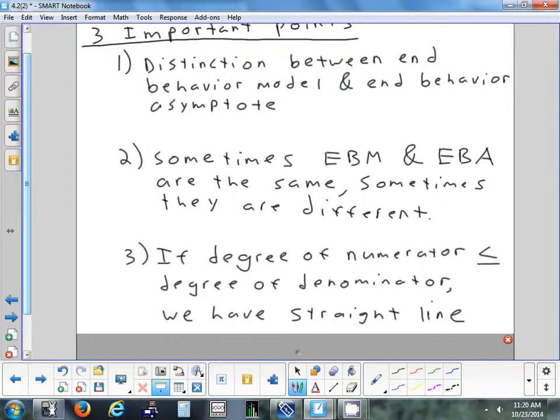We'll see one like that today. But this is really just summarizing the types we did yesterday. We didn't see a diagonal asymptote yesterday, because that falls under the type when the degree of the numerator is bigger than the denominator. So we'll look at one or two of those today.